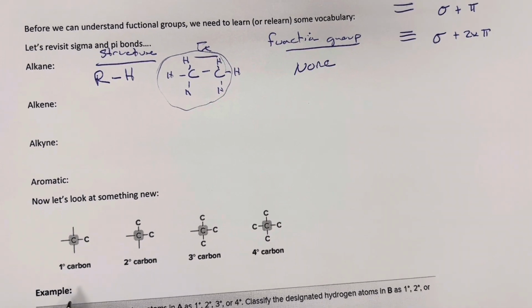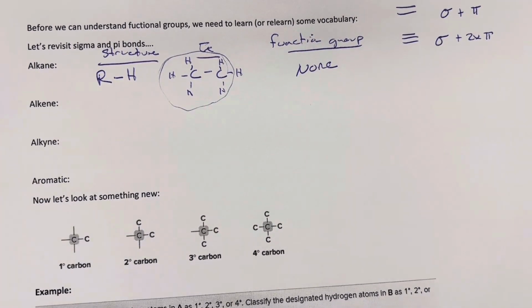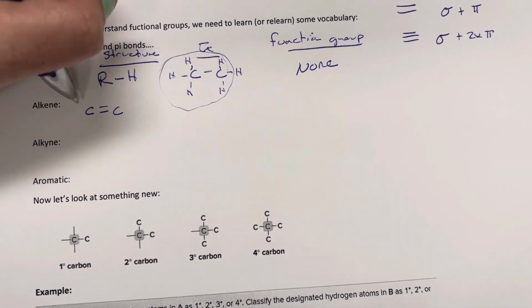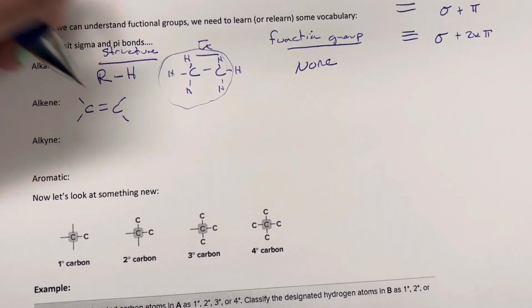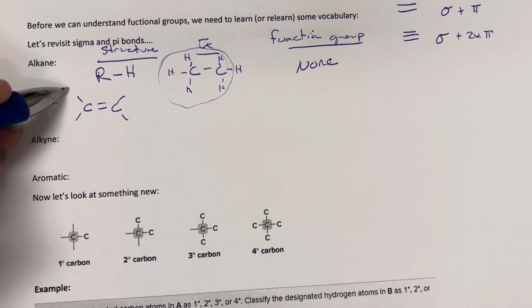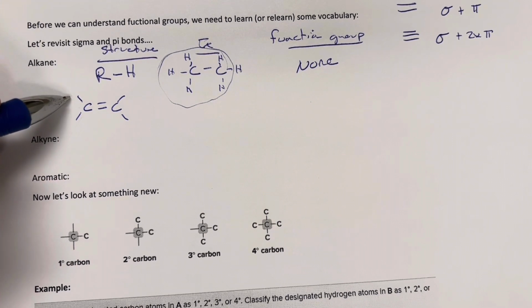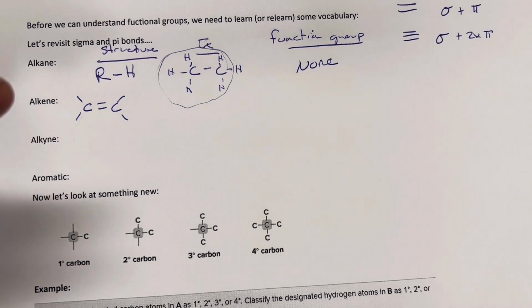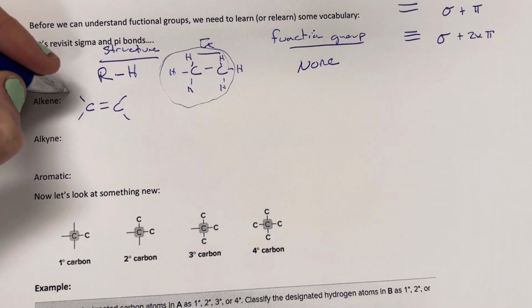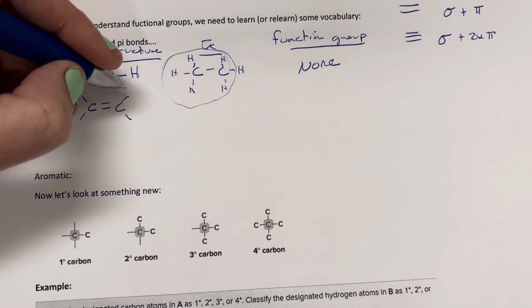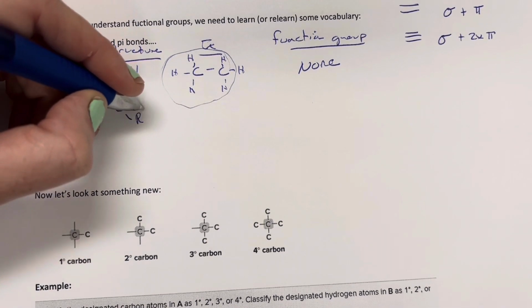But we can say there is a functional group when we become an alkene. So an alkene would be something like a carbon double bonded to another carbon. And I go like this to represent, these would also be R's, but you don't really know what they are, so I can't call them all R. Oftentimes you'll see people call it R and call this one R prime, this one R double prime, and this one R triple prime.